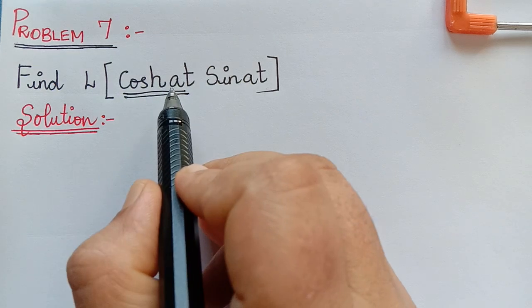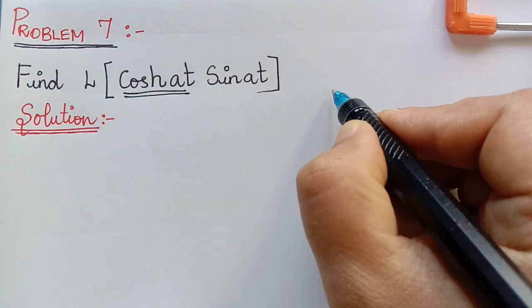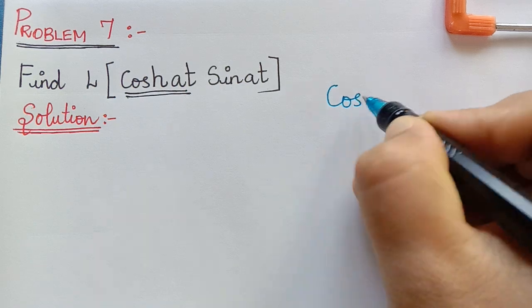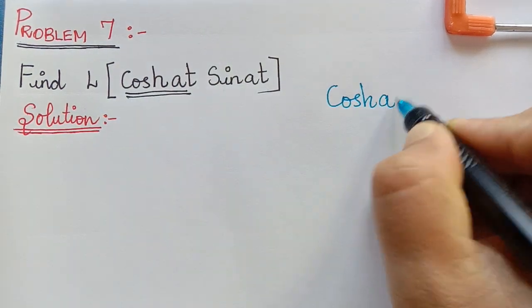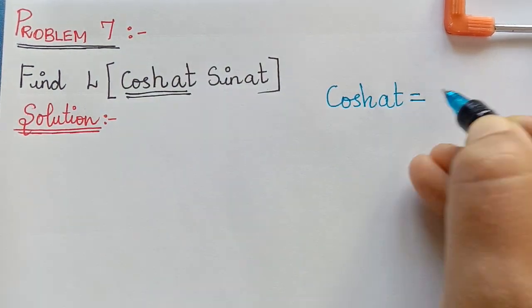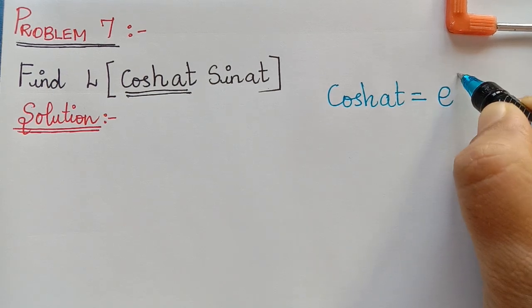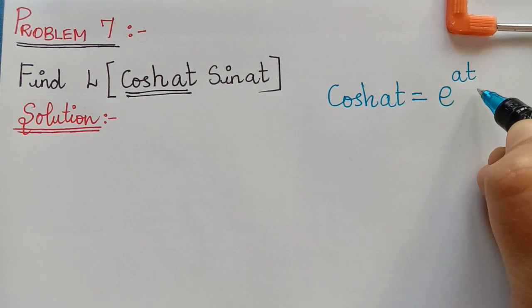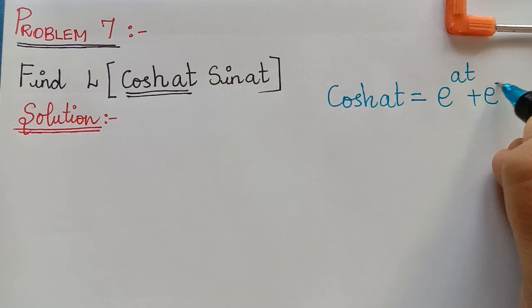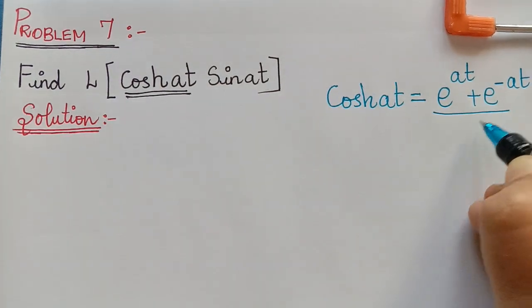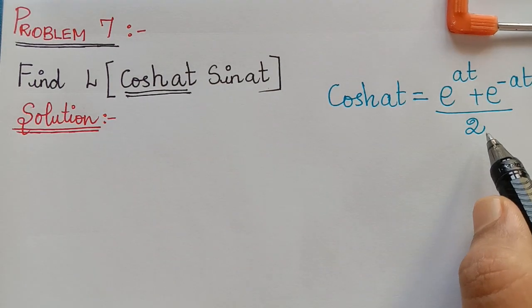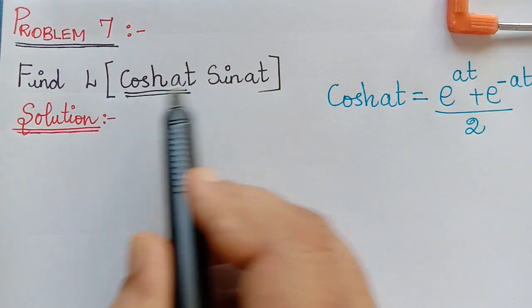So what is the formula? The formula that we will be using here is, we know that cosh at is equal to e to the power at plus e to the power negative at divided by 2. So this formula we are going to make use of over here.